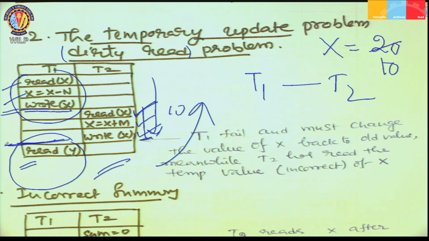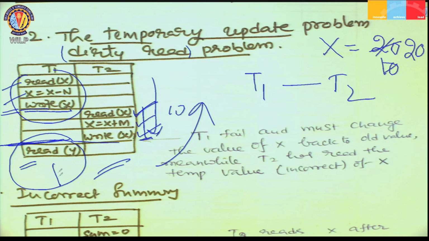But when I notice that the transaction T1 has failed, I will roll it back to the old value, that is 20. Now if you carefully observe, because of this concurrency, the incorrect value that has been modified by T1, and which has been rolled back on failing of T1, has been read by T2, which is not correct.